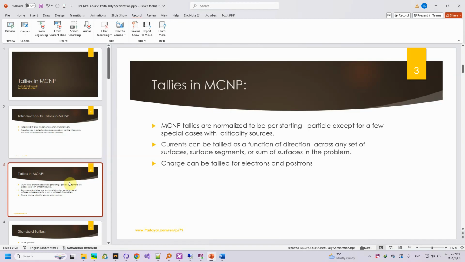The tally card just gives one output, but if we want to get results for different energies, we can join the tally card with the energy card, which helps us to compute our parameter.